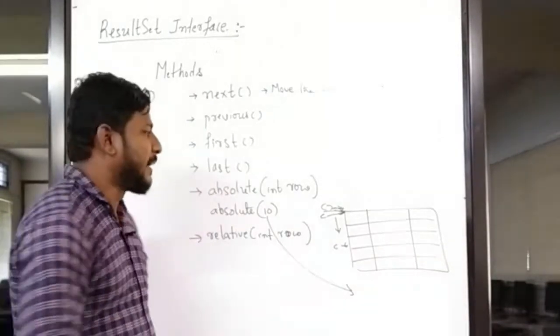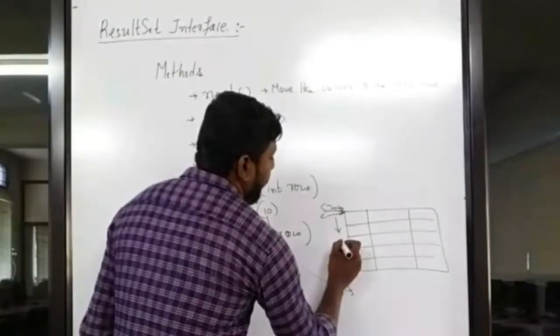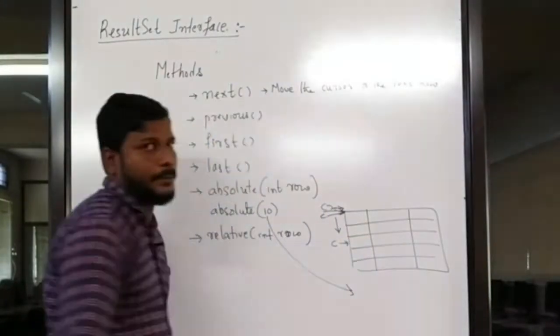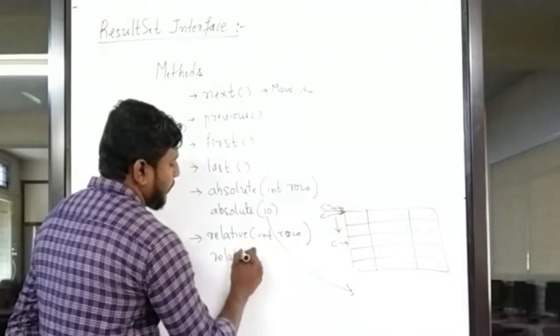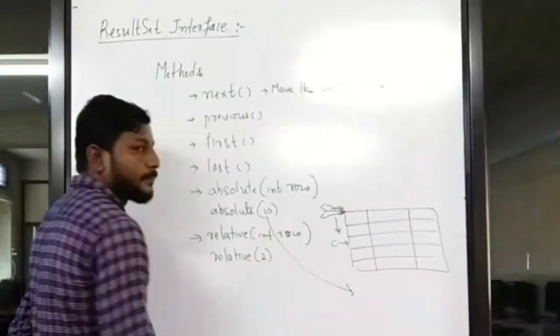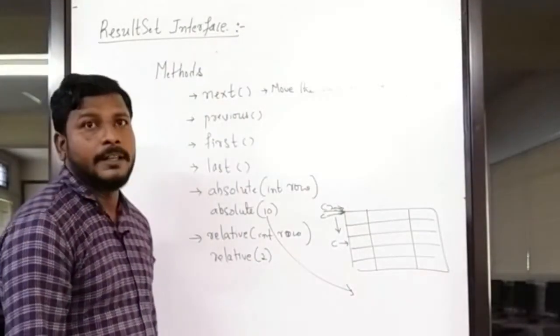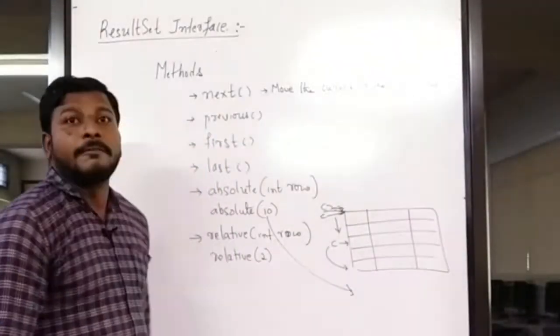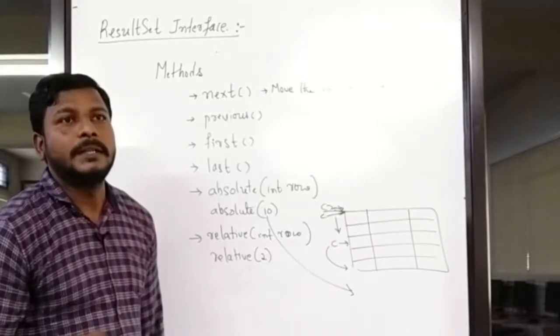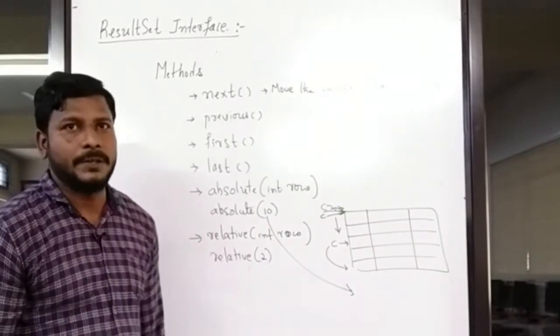For example, now the cursor is pointing to the 3rd row, and you are using relative of, say, 2. Then from the current position it will move 2 rows in the forward direction.